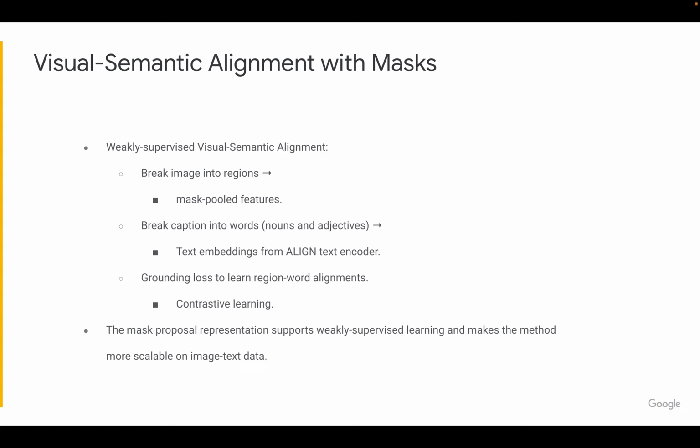And after the class-agnostic mask proposal module, OpenSeg then learns the visual-semantic alignments by aligning each word in a caption to one or a few predicted mask proposals.